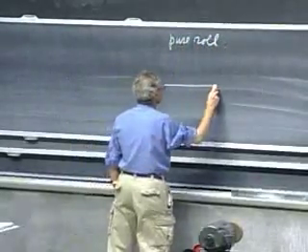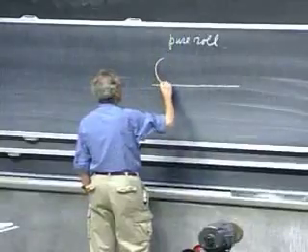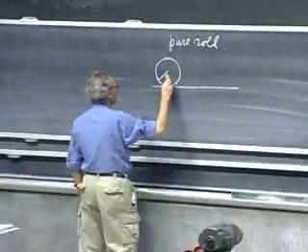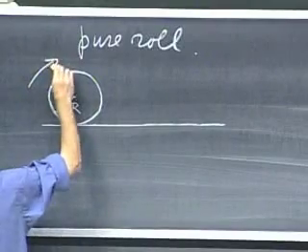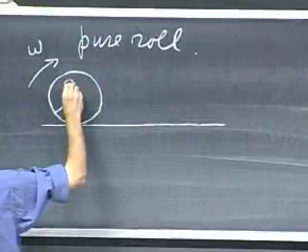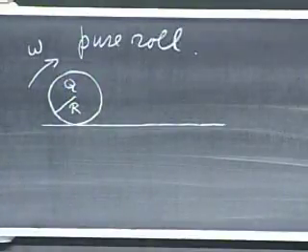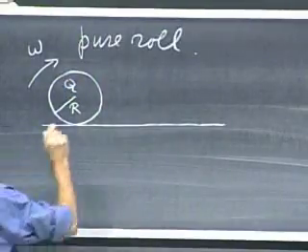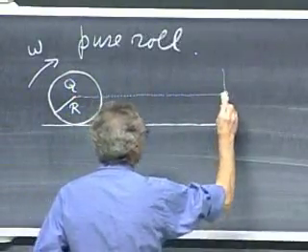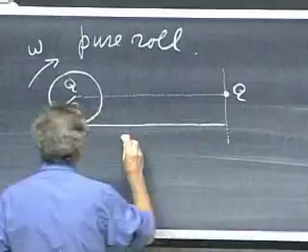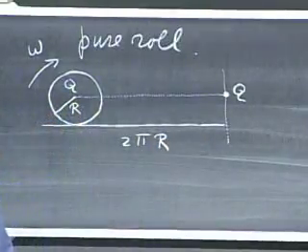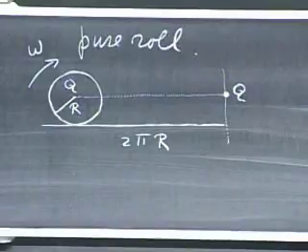If here is an object, cylinder or sphere, with radius r, and I'm going to rotate it like this and roll it in this direction, the center is called point Q. Once it has made a complete rotation, if the point Q has moved over a distance 2 pi r, then we call that pure roll.